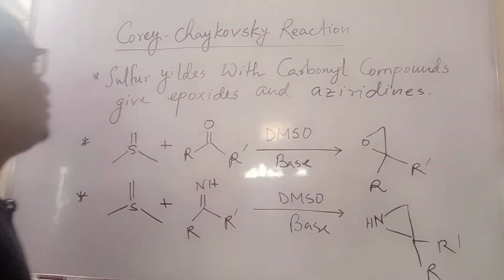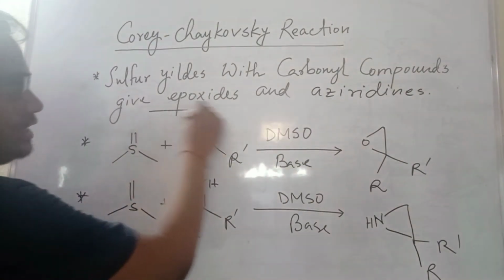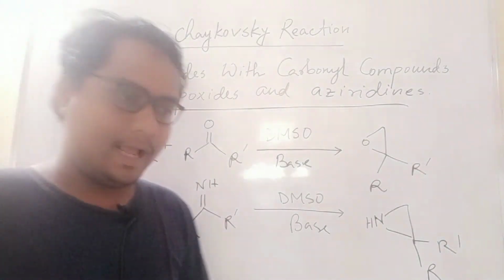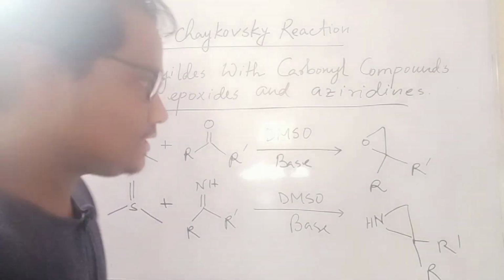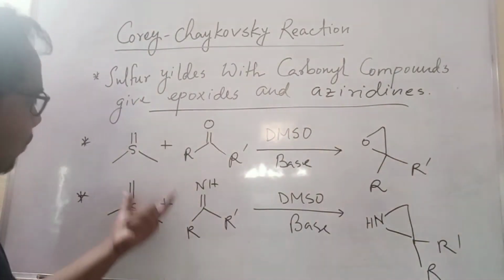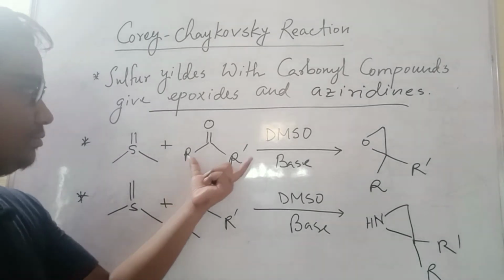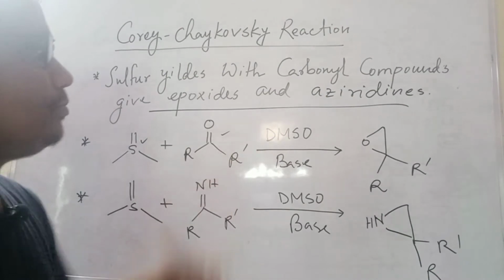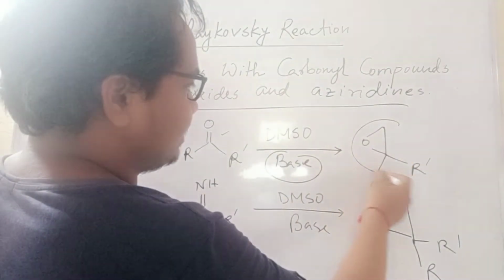Here, Chaykovsky sulfur halides with carbonyl compounds give epoxides and aziridines. If you have a double bond to NH, like an imine type moiety, that gives the aziridine ring. So that is the main application. If you use sulfur halide, this is an aldehyde and this is a ketone. In the presence of DMSO as solvent, and base, you get this epoxide ring.